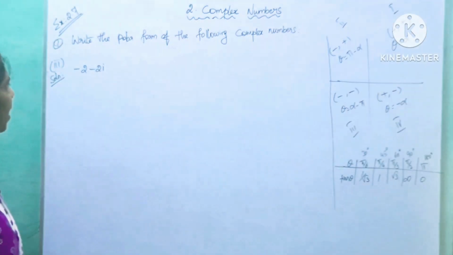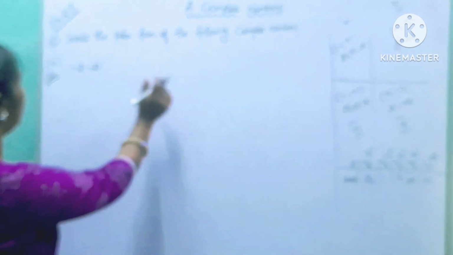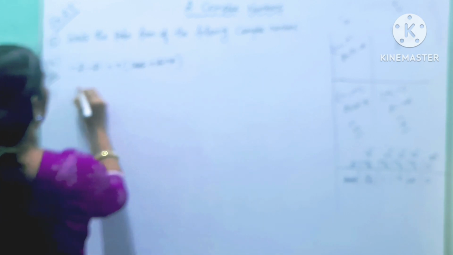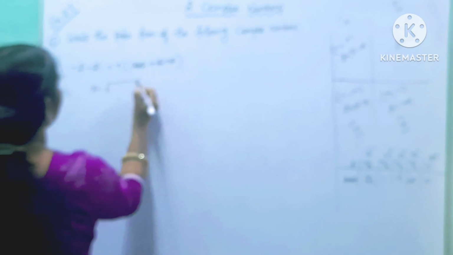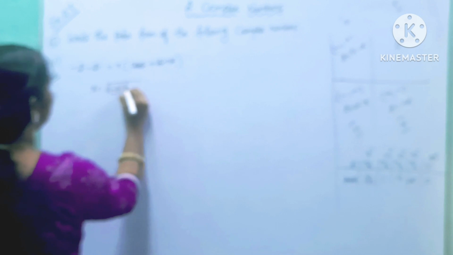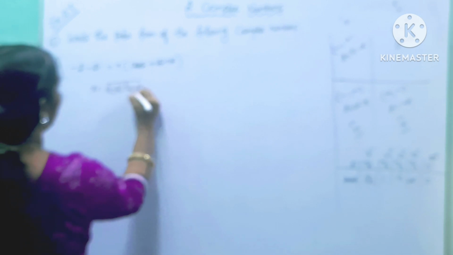Third subdivision பார்த்தீங்கன்னா minus 2 minus 2i ஓட polar form கண்டுபிடிக்கணும். So, this is equal to r into cos theta plus I sin theta. R is given by root of real part square plus imaginary part square, that is minus 2 square plus minus 2 square.